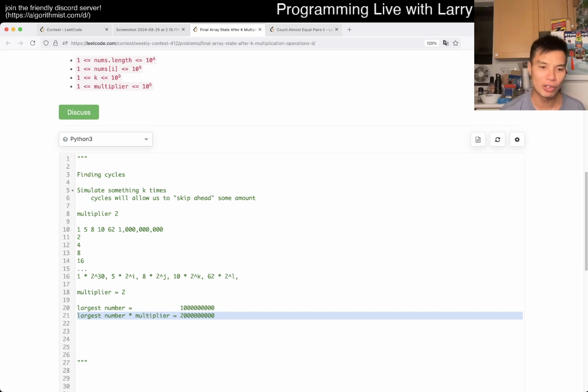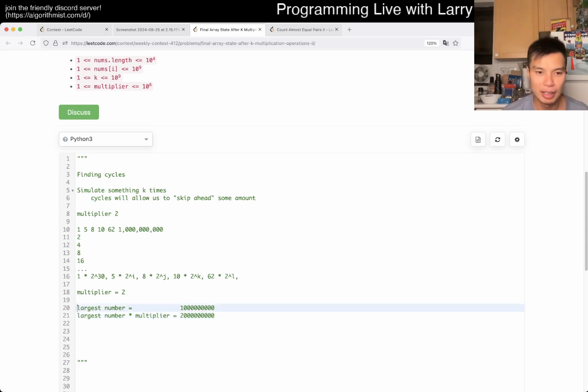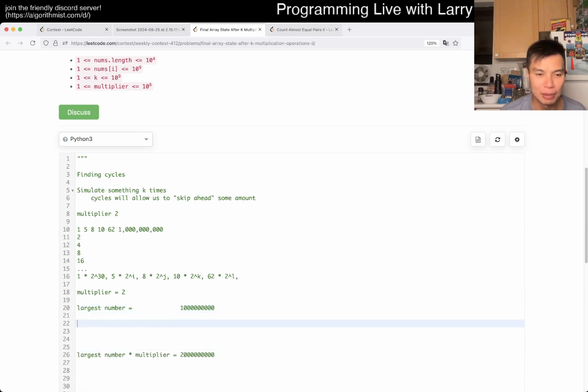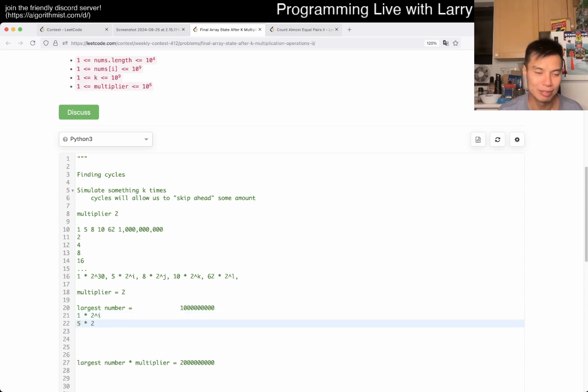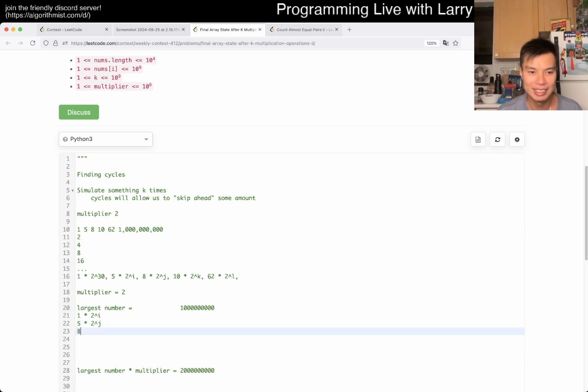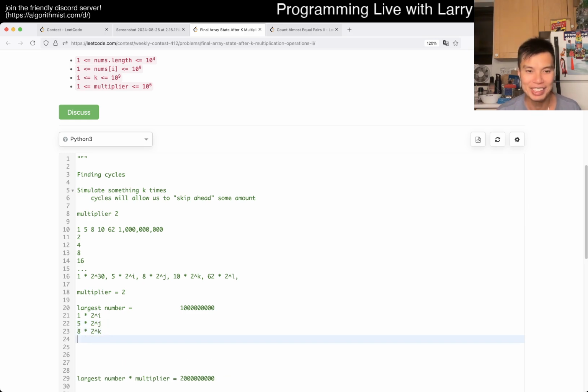Well, let's rewrite all the numbers in order. When this number is the smallest number on the heap, what does that mean for all the other numbers? If the largest number becomes the smallest number, then in this case maybe you have 1 times 2 to the I, 5 times 2 to the, I don't know, J. This is not consistent, but you get the idea, hopefully.